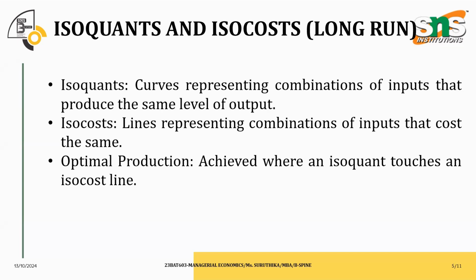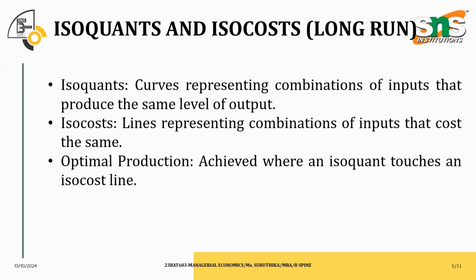In the theories of production, it's also important to understand isoquants and isocosts with respect to long-run production. So isoquants are curves representing combinations of inputs that produce the same level of output. Isoquants are purely about the level of output, the output level being the same.